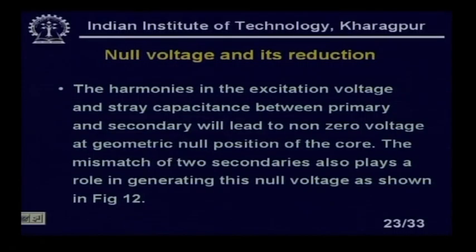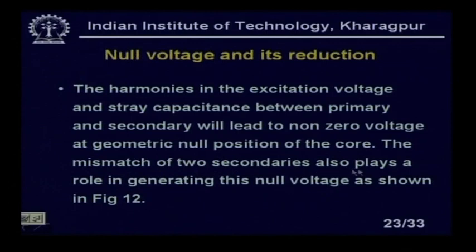So this will create a problem, in that I will not get 0 voltage at the geometric null position. The harmonics in the excitation voltage and stray capacitance between the primary and secondary will lead to non-zero voltage at the geometric null position of the core.